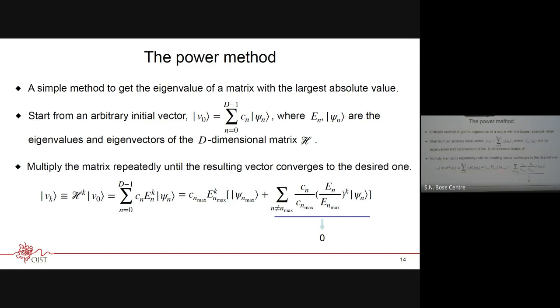So this is the only surviving vector, and this is the corresponding energy eigenvalue for the ground state vector E max. So we can get the lowest energy state by using this method, but unfortunately it requires large k.